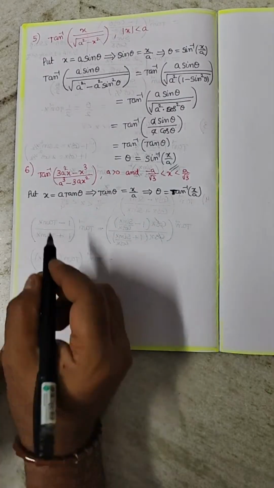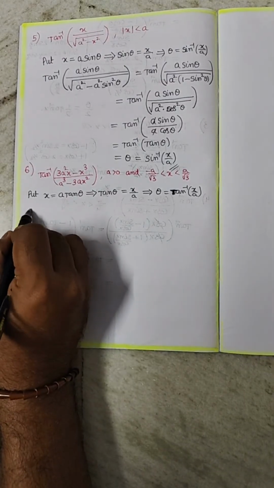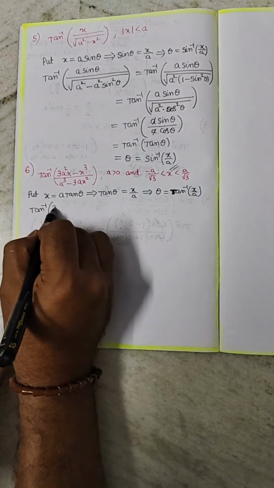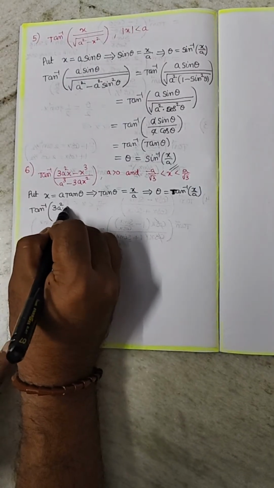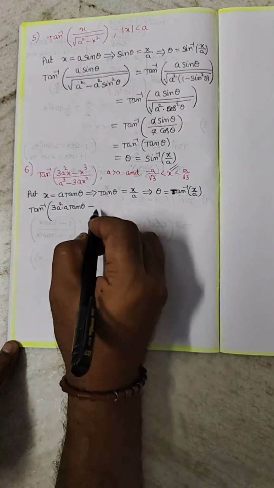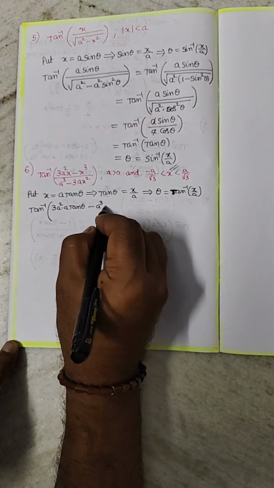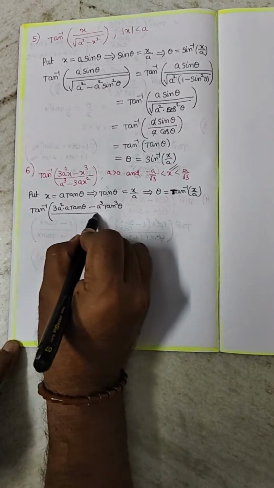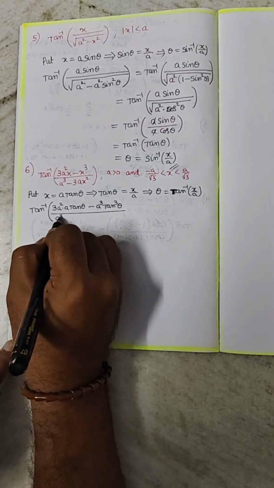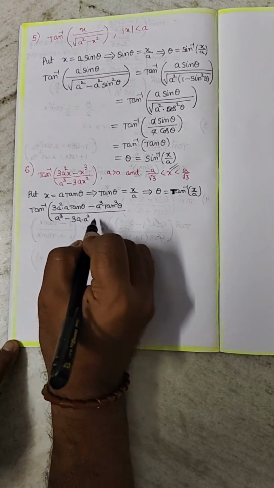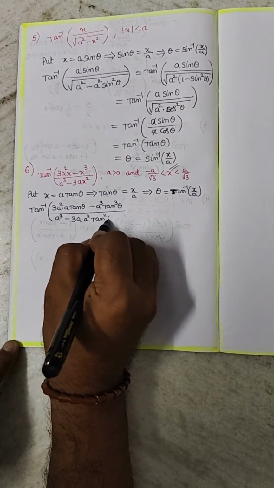Okay. Later, tan inverse of (3a square into a tan theta minus a cube tan cube theta) by (a cube minus 3a into a square tan square theta).